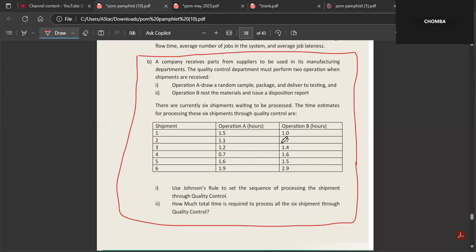There are currently 6 shipments waiting to be processed. The time estimates to process these 6 shipments through quality control are given for shipments 1 to 6, for operation A and operation B. Use Johnson's rule to set the sequencing of processing the shipments through quality control. Then how much total time is required to process all six shipments?